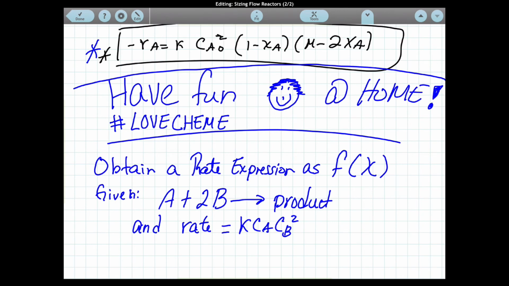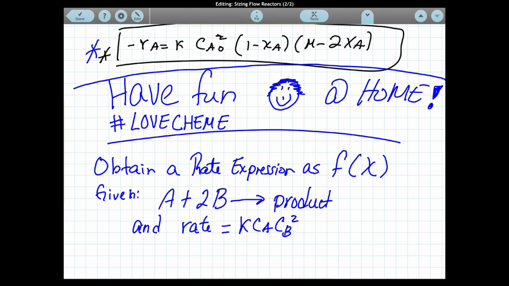I want you to obtain a rate expression as a function of conversion, similar to what I did before, but this time for a given reaction rate for a third order reaction. Remember, this rate can be obtained from the mechanisms or it can be obtained experimentally. So it should be given or you should be able to obtain that theoretically. So have fun with this and be ready for next class trying to solve this type of problem.